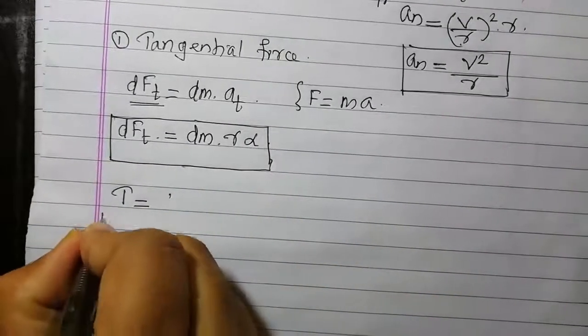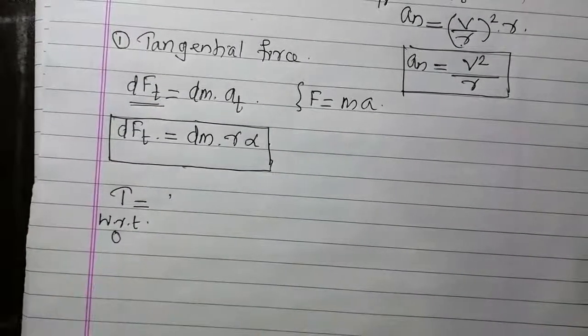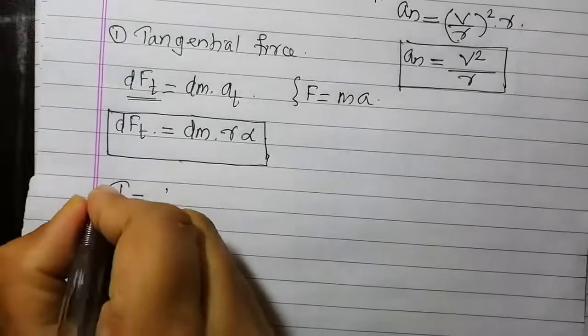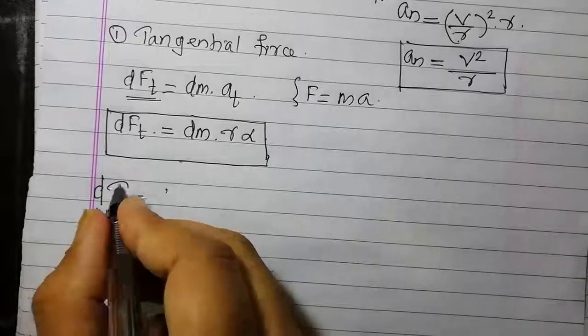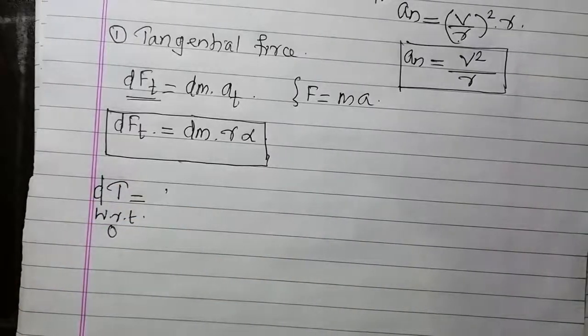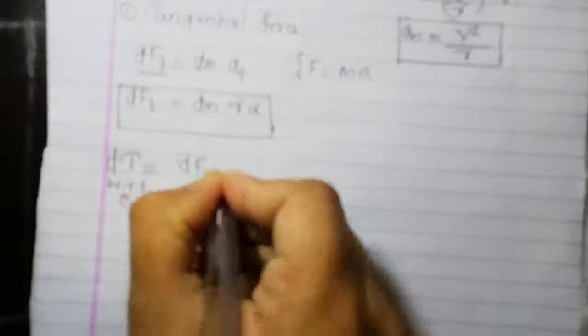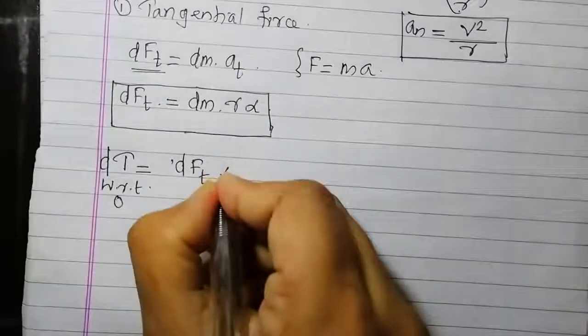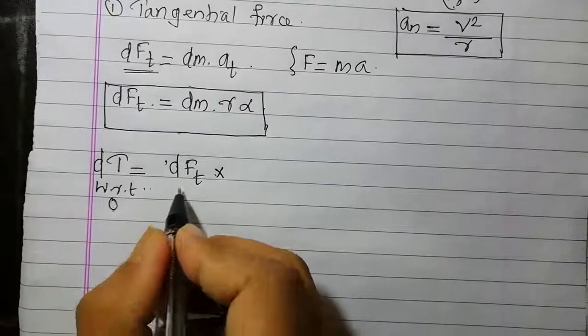Suppose we are calculating the torque with respect to the point O. Since it's a small element, I am taking it as dT. The torque acting on the small element dT with respect to O is equal to the force acting on the element into the perpendicular distance between the point O and the force.